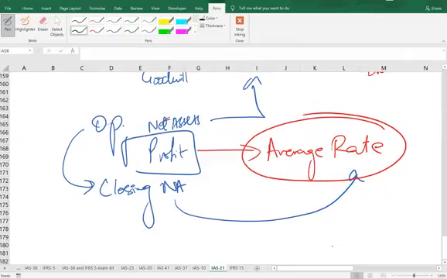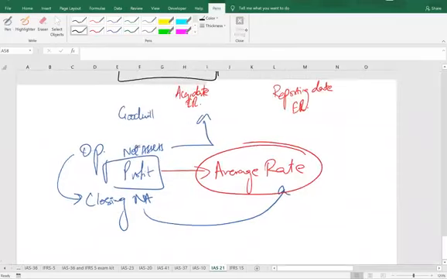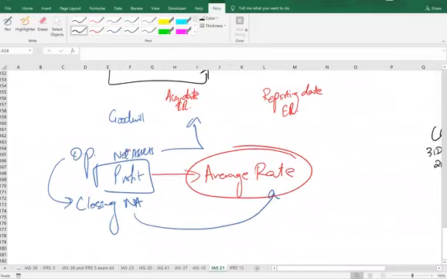Okay? Do you agree? Now, guys, remember one thing. If the operation is small, it's easy to identify the transaction exchange rate.